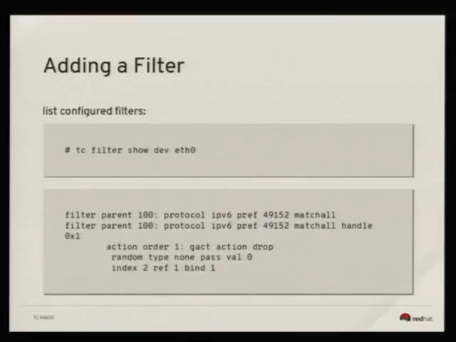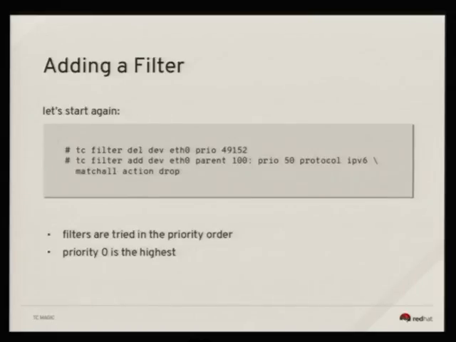If we look at what this looks like, we can list the configured filters on this device, and we see this thing. This is the priority of the filter, and this was attached by the kernel automatically. We don't like this number. I do not. So let's change it.